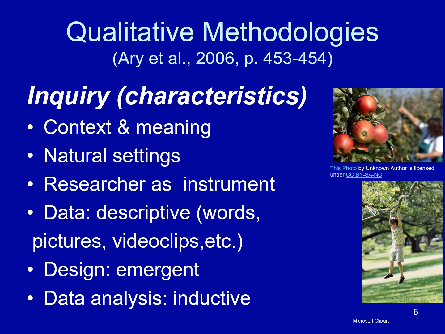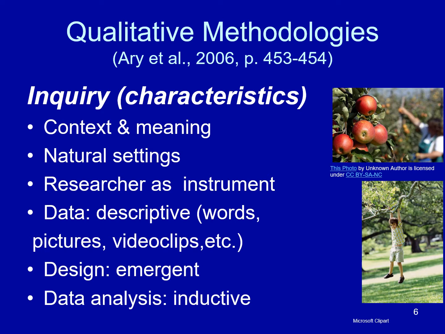First of all, the context is primordial. So that means that qualitative researchers tend to seek meaning, and that meaning is often deep, thick, and layered. We might see it almost as a spider's web. It is the intricacies that are important.